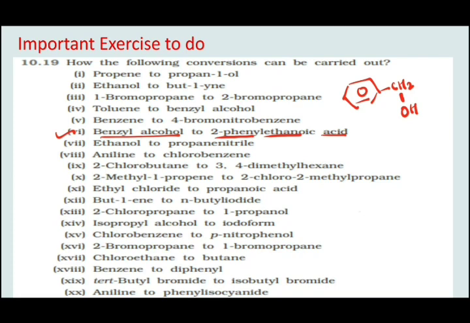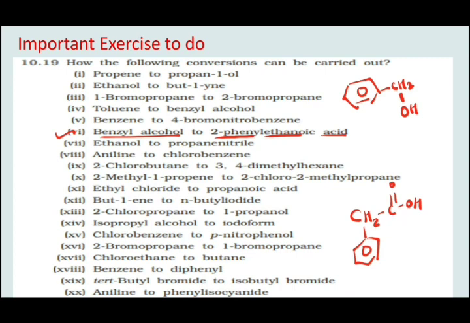So what is 2-phenyl ethanoic acid? This is ethanoic acid, and first carbon, second carbon. So on second carbon there is a phenyl ring. Okay, so this is 2-phenyl ethanoic acid.